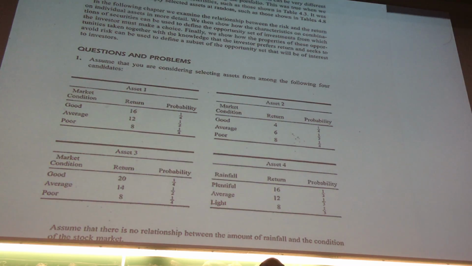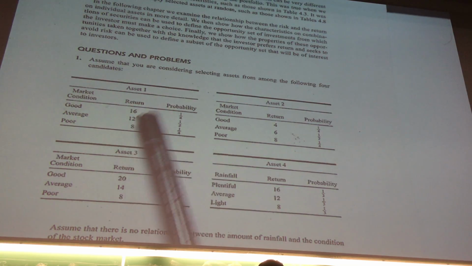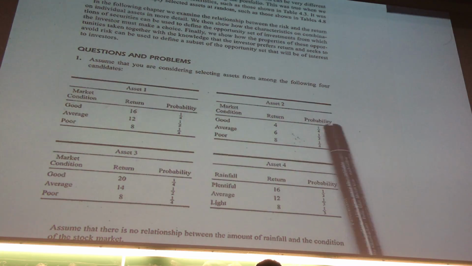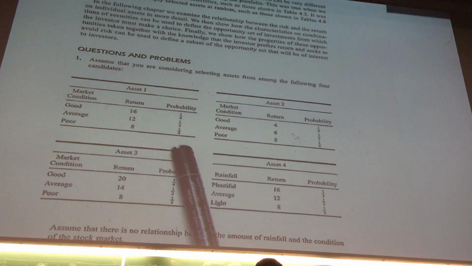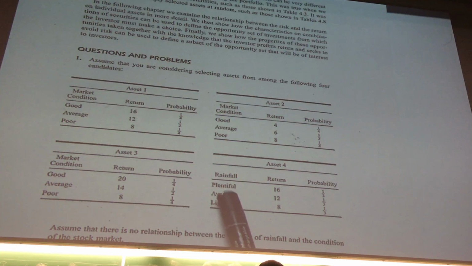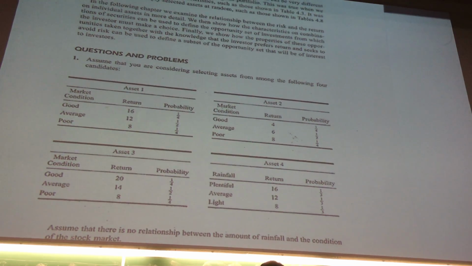For these 3 assets, you have the probabilities and the returns. The 4th asset is a bit different. This is not depending on the market conditions. It is depending on something else, that is rainfall, and depends on the event.